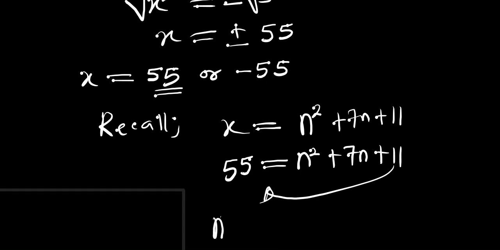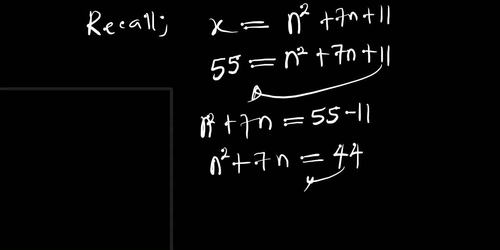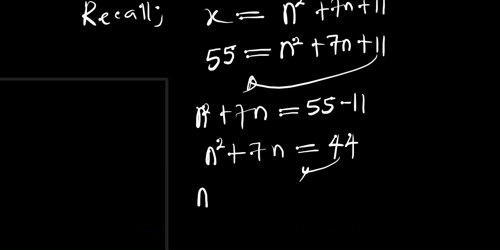We are going to have n squared plus 7n equals 55 minus 11. We are going to have 44. So we move it over here. This becomes n squared plus 7n minus 44, and this equals 0.